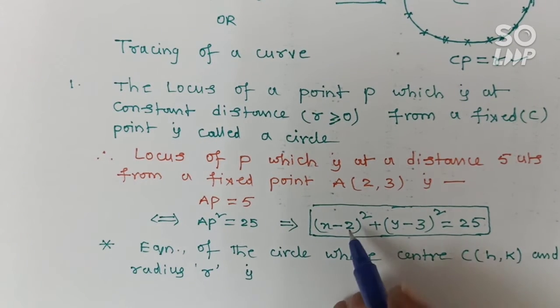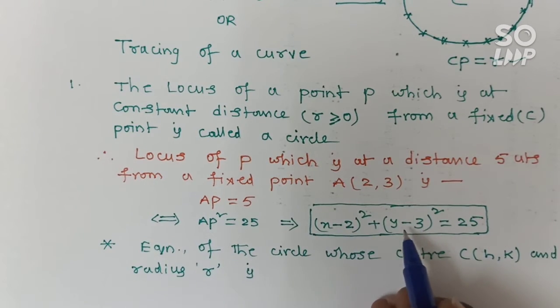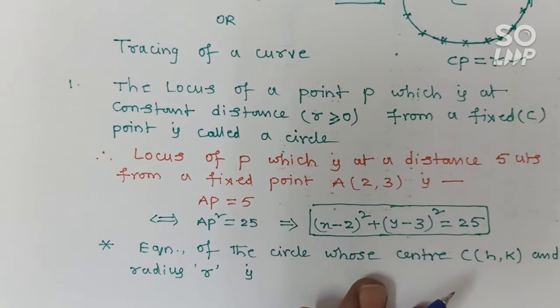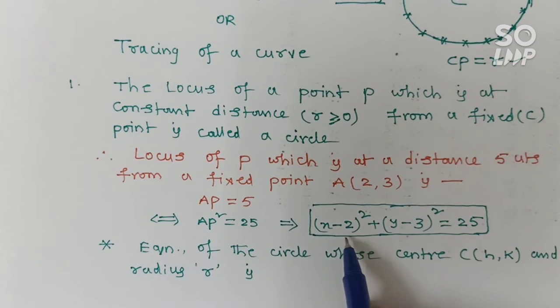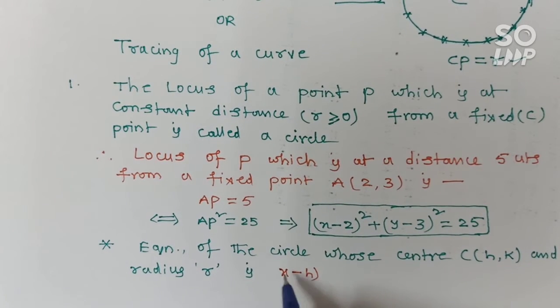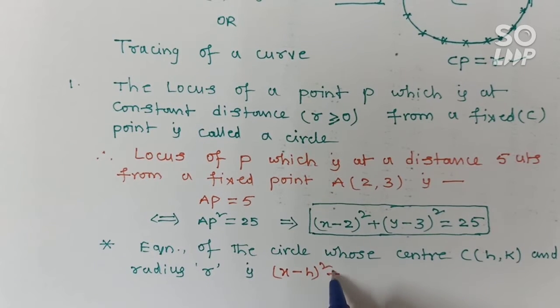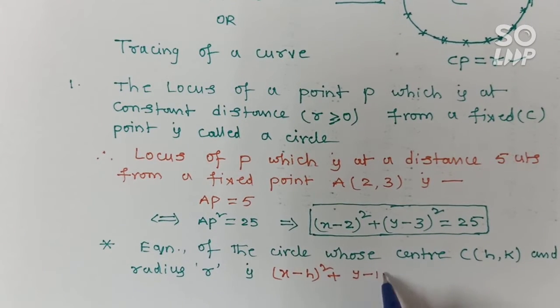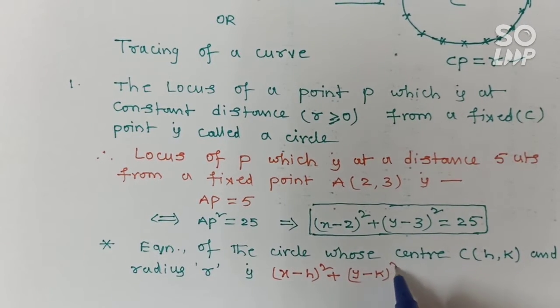From the above problem, here 2, 3 is the center, because it is the fixed point. So you can write x minus h whole square plus y minus k whole square is equal to r square.